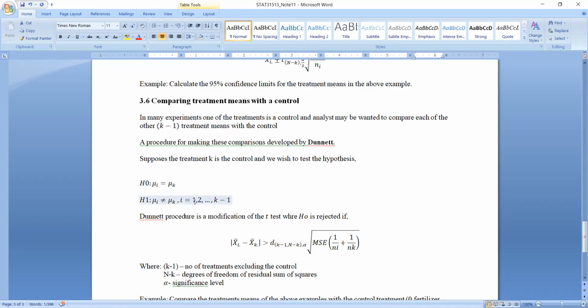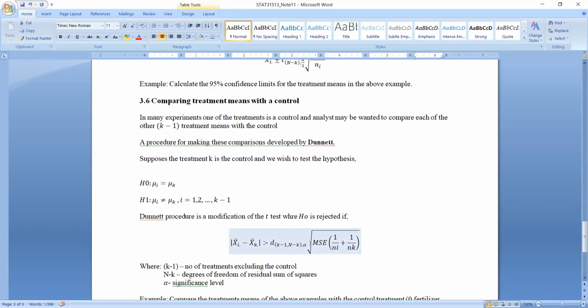So mu I can go from 1 up to K minus 1 if you take treatment K as the control group. In this case, we have a table called the Dunnett table.